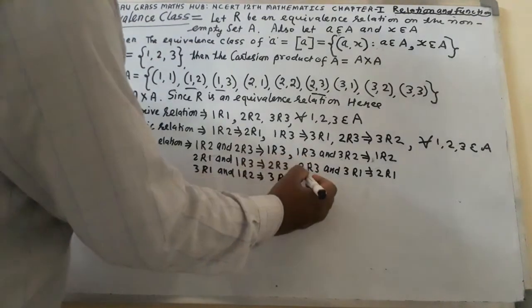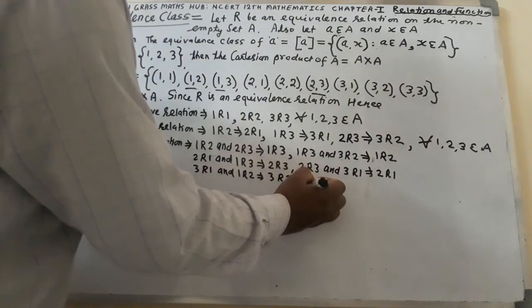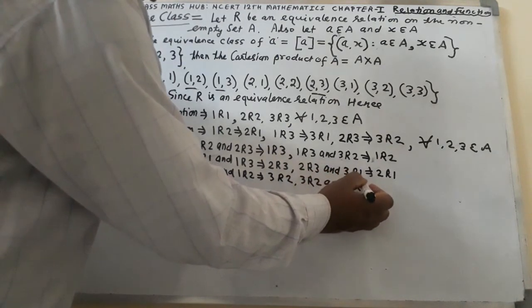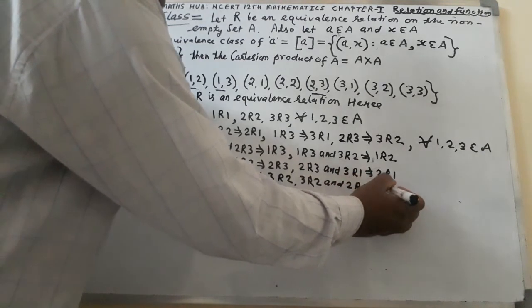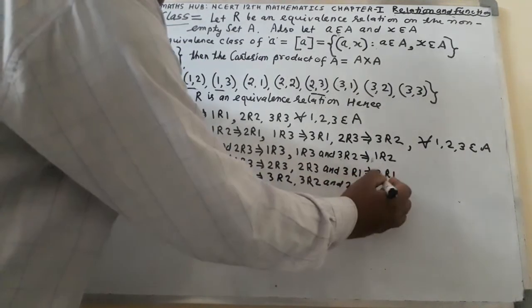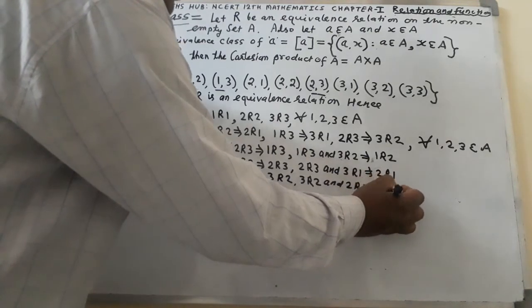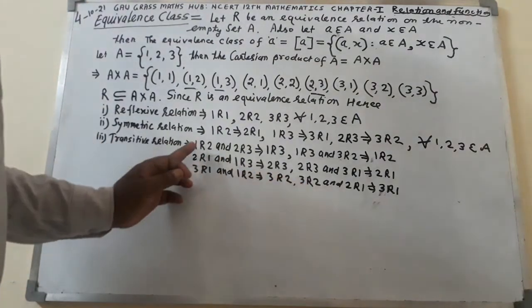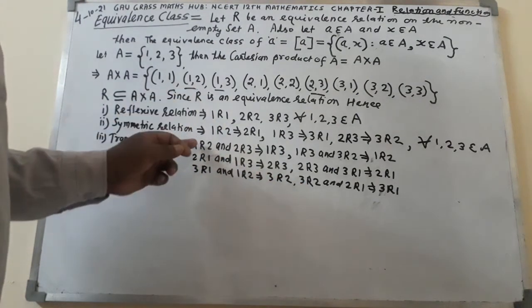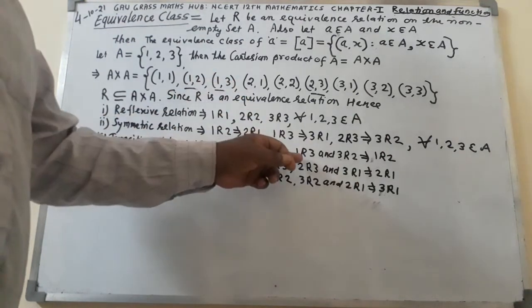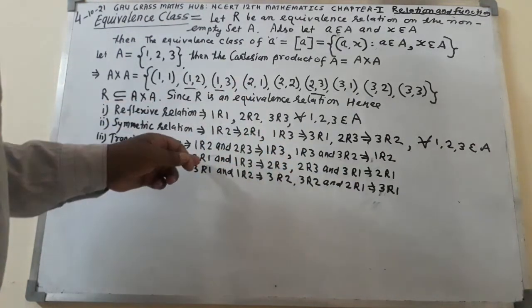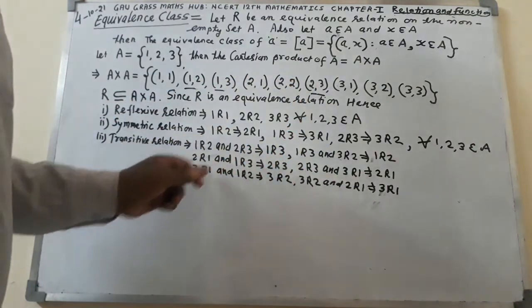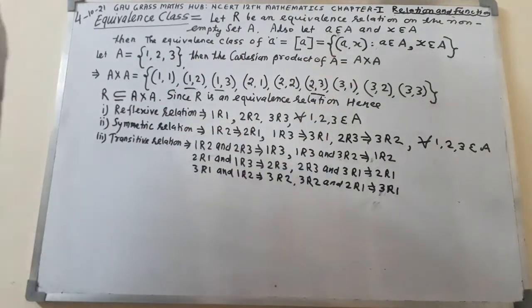If I take 3 related to 2 and 2 related to 1, you will get here 3 related to 1. 3 1, 1 3 over, 2 1, 2 1 over, 2 2 must not be taken, 2 3, 2 3 over, 3 1, 3 1 is over, 3 2, 3 2 is over.